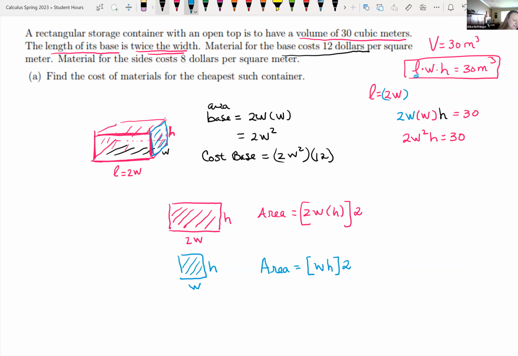So the cost of the sides, well, we know it's $8 per square meter. And so we're going to sum up the area of the two sides that are 2WH times 2. I'm going to simplify that. That's the same thing as 4WH plus this area here, 2WH.